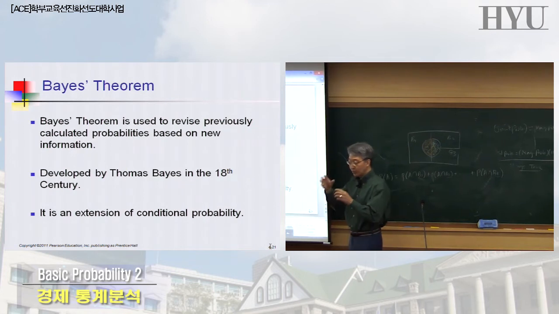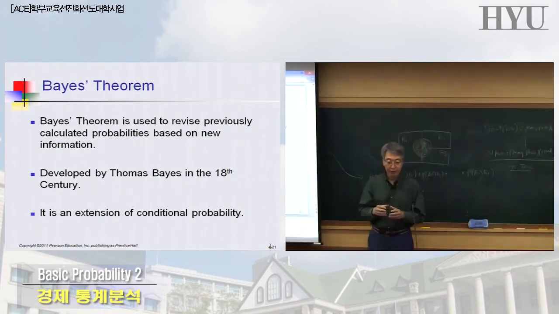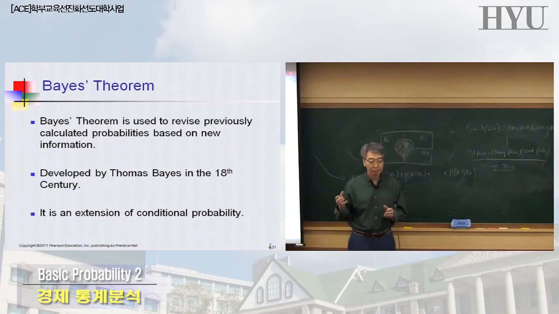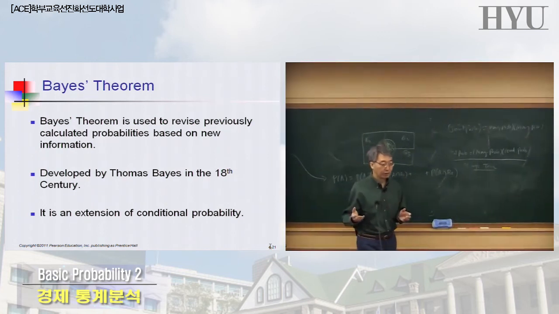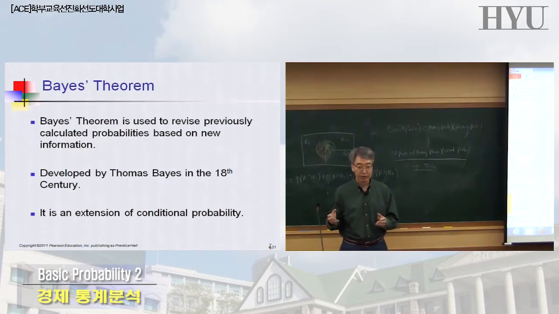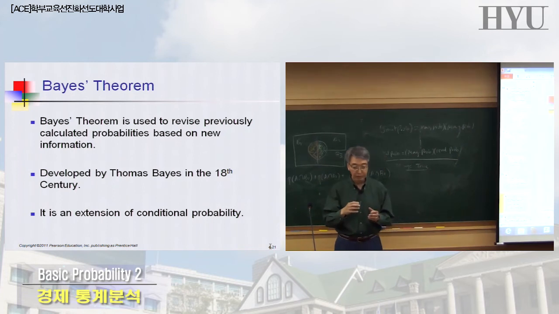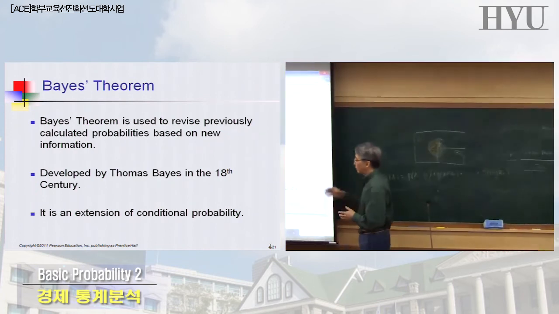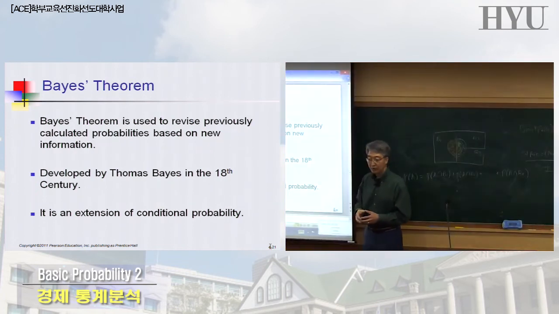We have certain probabilities already, but we got some new fact or new data today, and based on this new information, we are trying to revise the previously known probability, called the prior probability. Don't worry if you don't understand it; we're going to use an example.